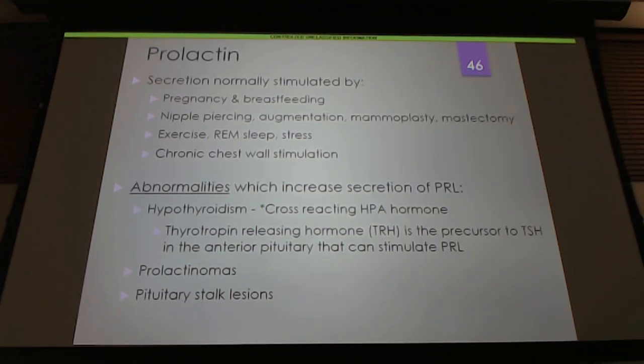If you have somebody with hypothyroidism, thyroid hormone is low, right? Because it's low, through negative feedback, TRH and TSH are high. That high TRH can stimulate prolactin release, okay? So we'll talk about what to do in that situation.